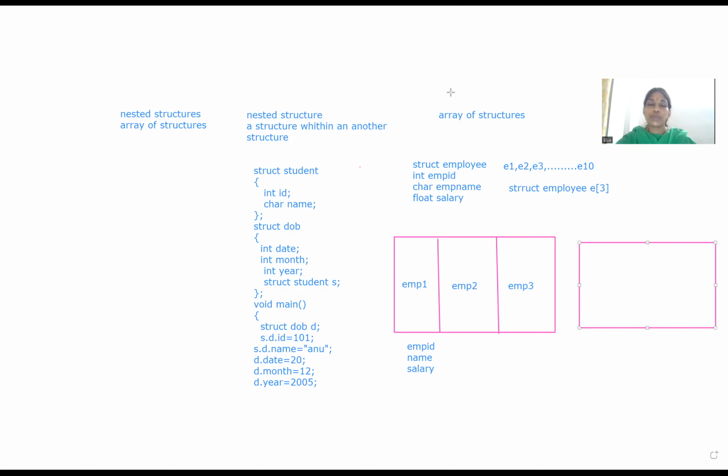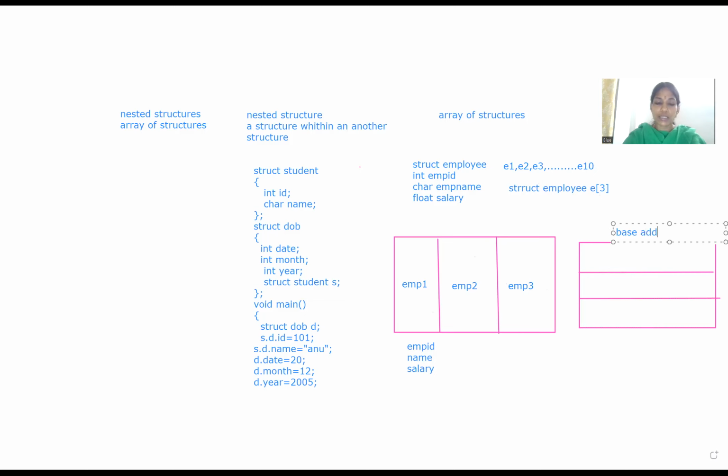So in C programming, generally, when we are declaring the structure members, it will allocate the memory when we are creating the structure variable. Here we are storing three employees' details. For each member, it will create the base address.